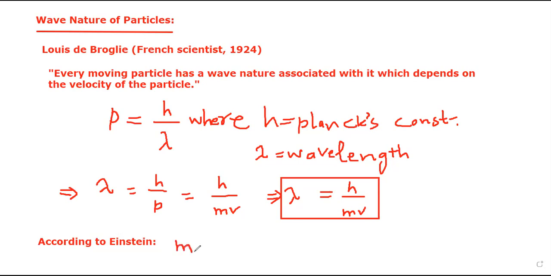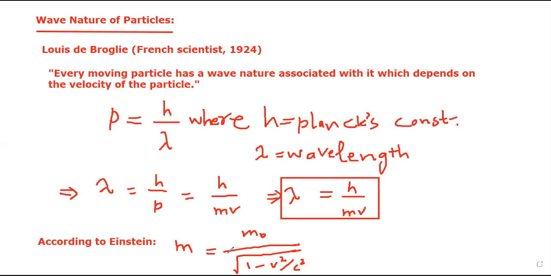What is that relation? M is equal to m naught divided by the square root of 1 minus v square by c square. So this was proposed by Einstein.